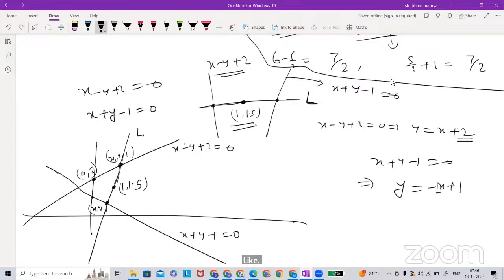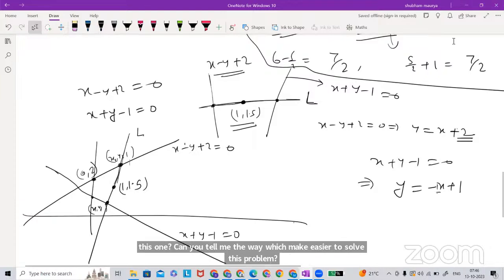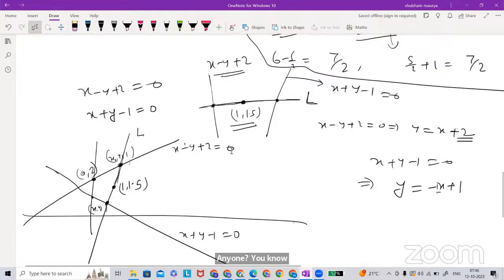Is there anyone here who can easily solve this one? Can you tell me the way which makes it easier to solve this problem? By using this point (1, 1.5) to find the equation of the line L, and if we have to find the points, then we can use both line equations.